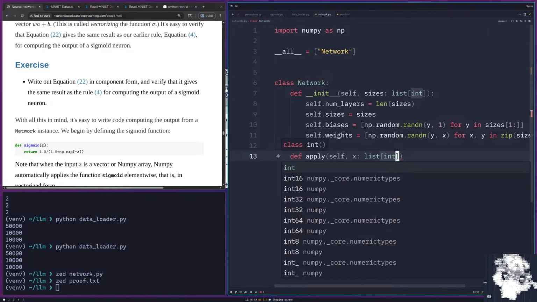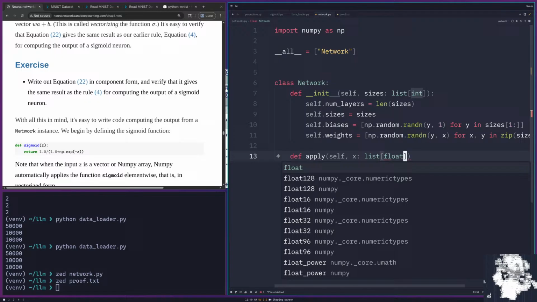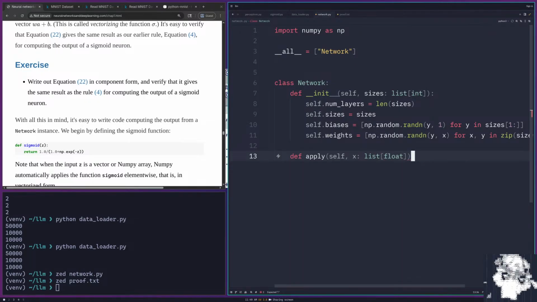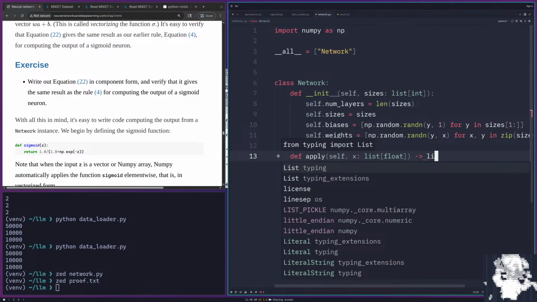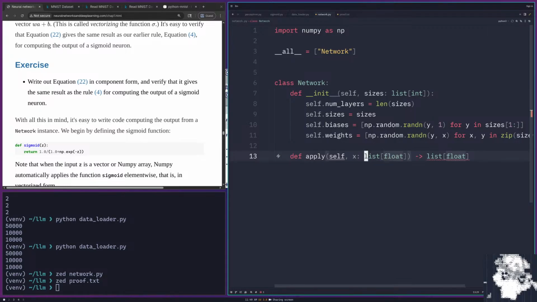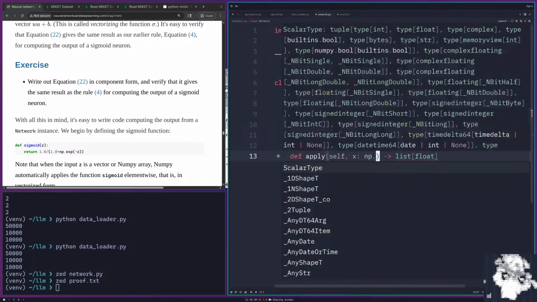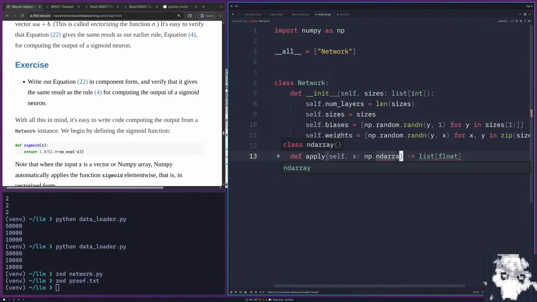I don't know which format it's going to use. Let's use float, and you get back a list of float. But we're not actually going to use lists of floats. We're going to use NumPy arrays, ndarray.